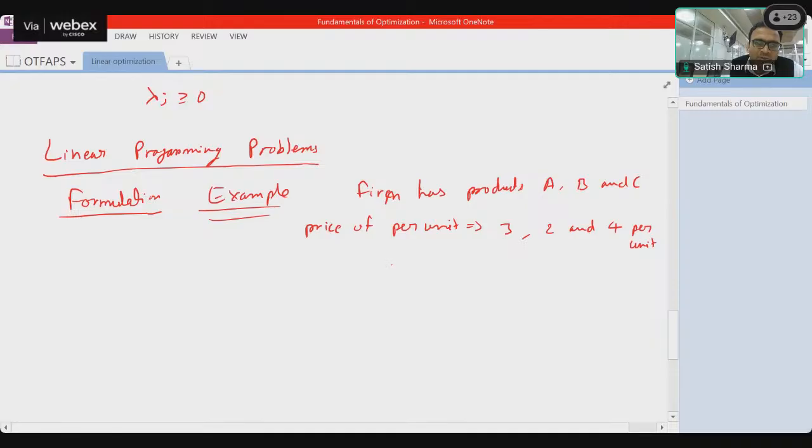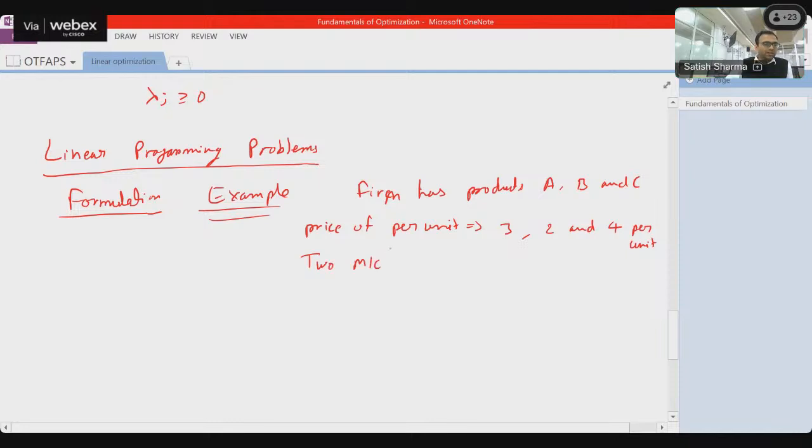So these are the prices per unit. If the firm produces product A, product B, and product C, it will get a certain profit out of it.